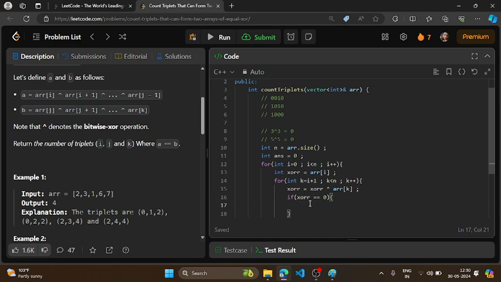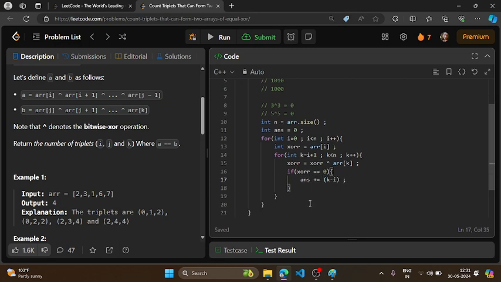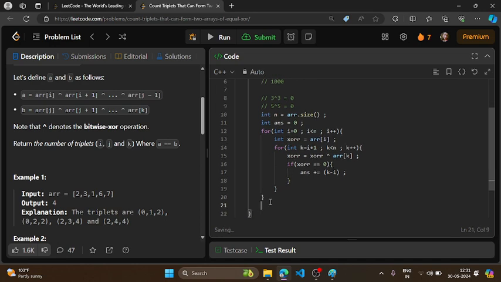Suppose at a particular point of k I have got XOR equals 0, then we can be sure that we can split this particular subarray into two subarrays where the XOR of the first subarray will be equal to the XOR of the second subarray, right? So I will simply add to the answer k minus i, right? And here I will return my answer.